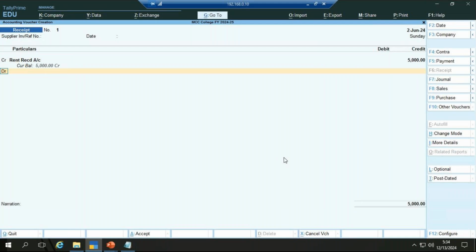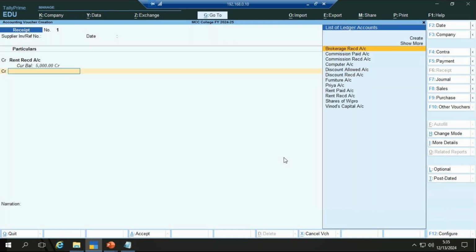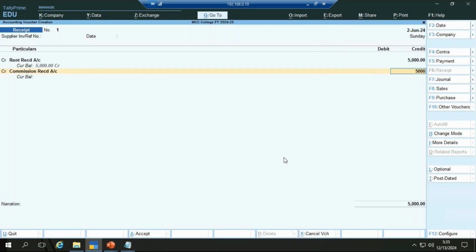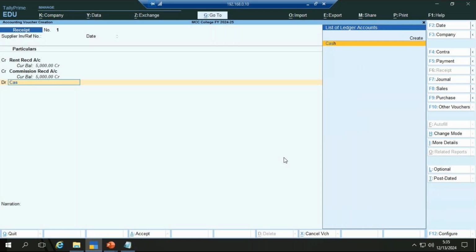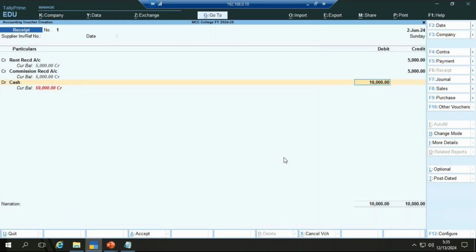So I have to credit one more account. It is showing me a DR, so change it to CR, enter. Commission received account 5,000, enter. Debit cash account 10,000.